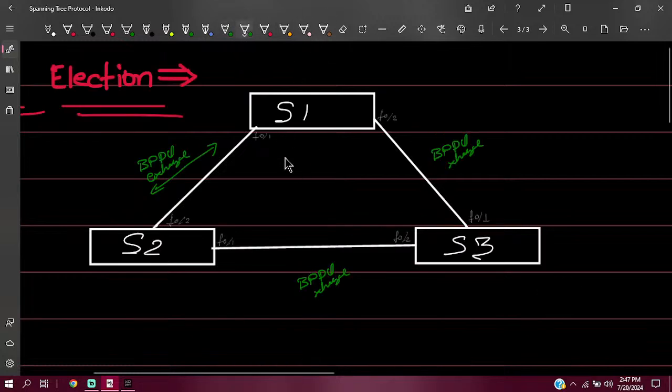The reason for it is to identify and verify who will be the king of the spanning tree. That means the root bridge.